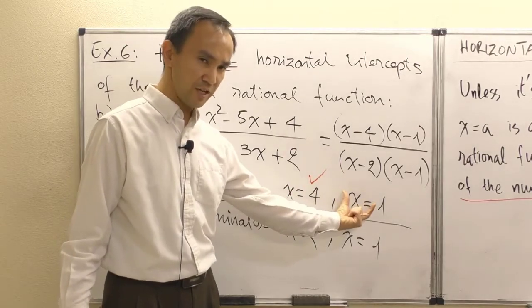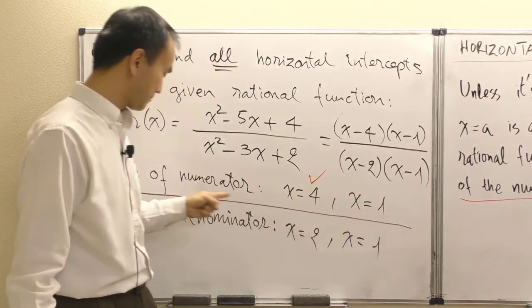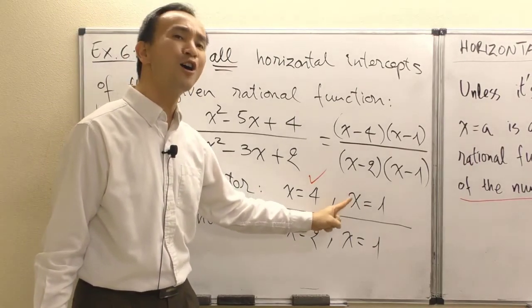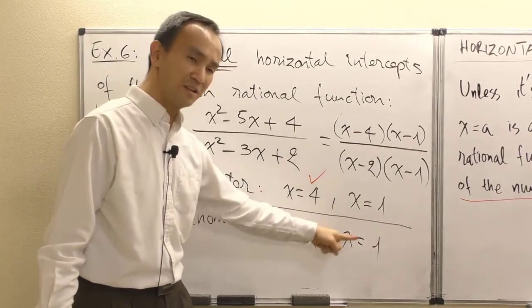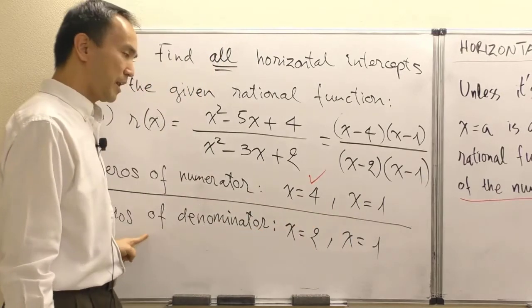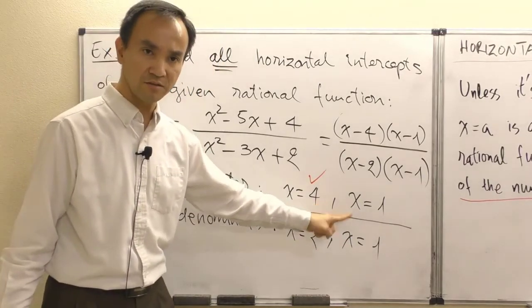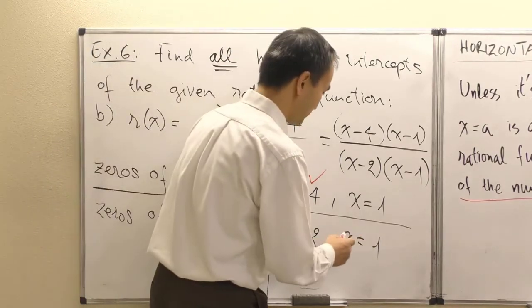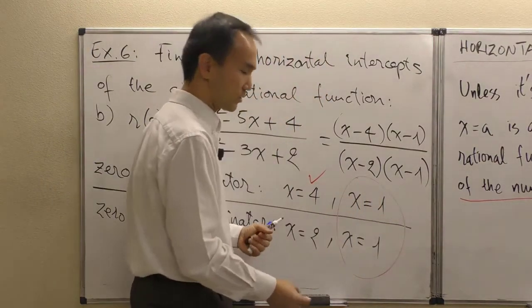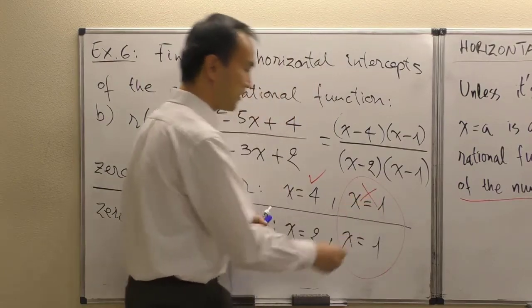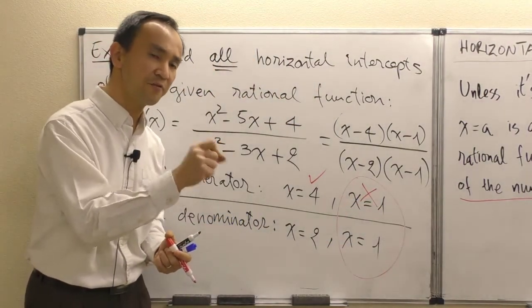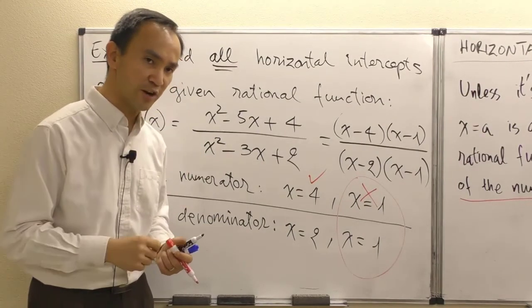Yes, it's a zero in the numerator, but sadly, it's also a zero in the denominator. So this one failed. x equals 1, as a zero in the numerator, failed to be a horizontal intercept.